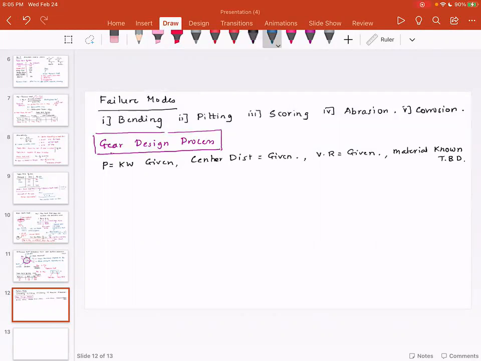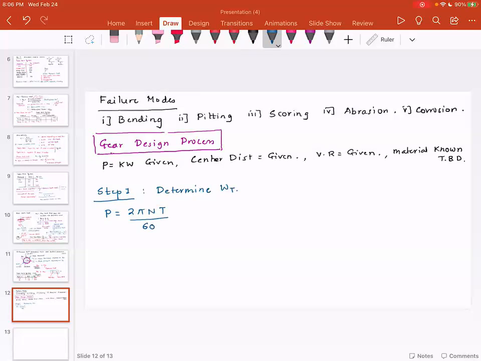Step 1, Wt. And how do we determine Wt? There are multiple ways that Wt can be determined. So let's start first with the power equation. Power is 2 pi N T divided by 60.